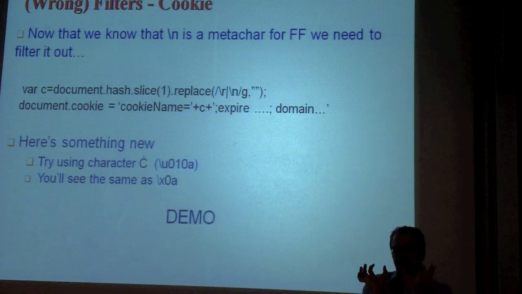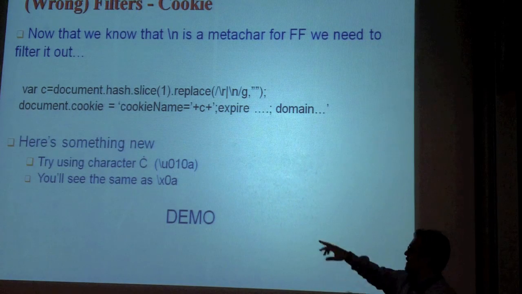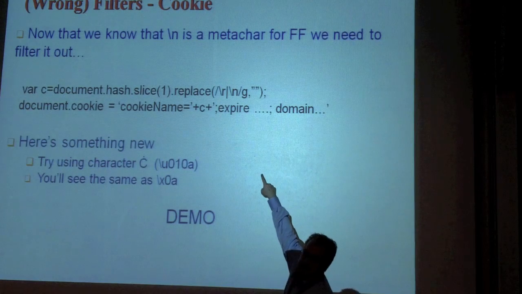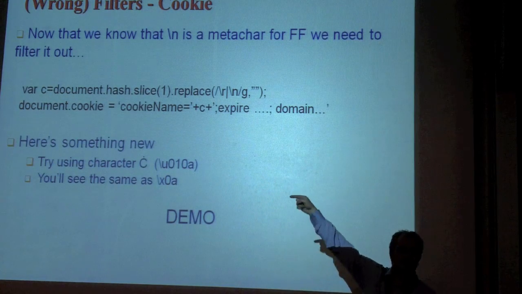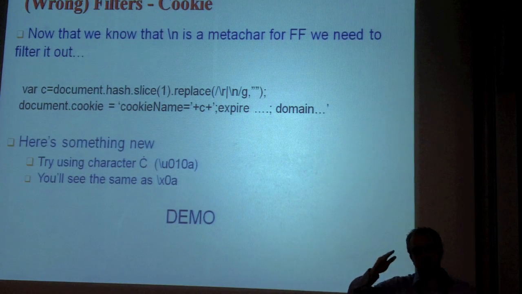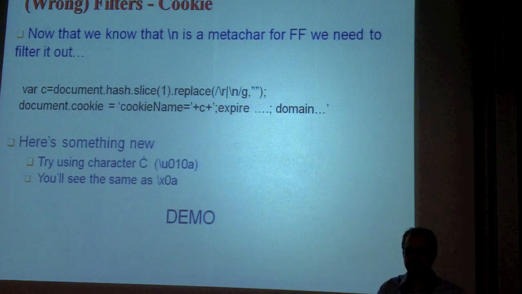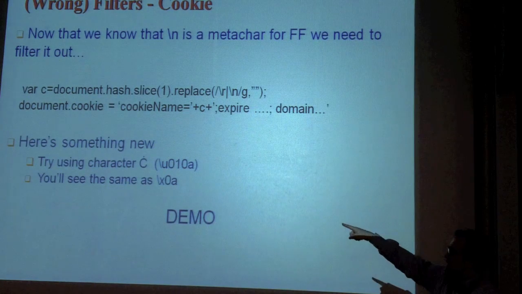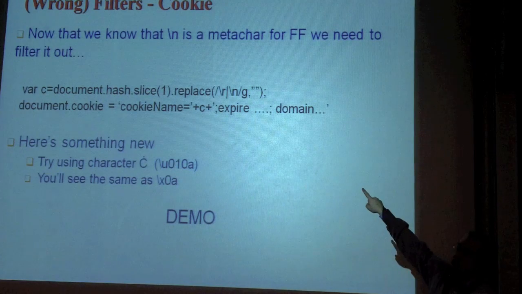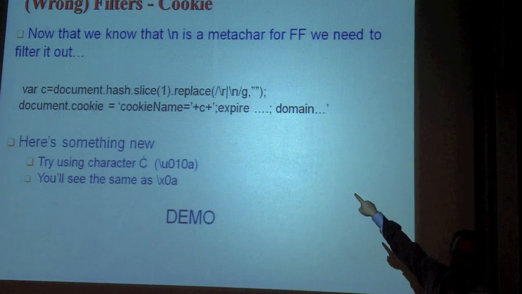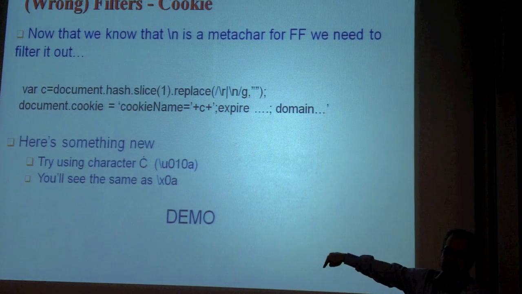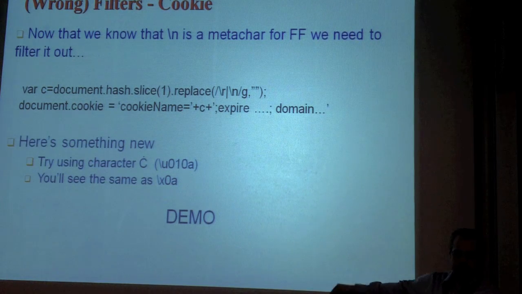It does see ASCII, and this will bypass that filter because the filter looks for a slash n for new line or carriage return, and not that character. So that one understands multi-byte. The Firefox cookie doesn't understand multi-bytes.